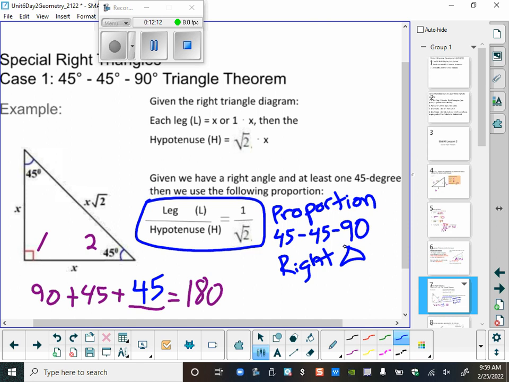Anytime you have a 45, 45, 90, use this proportion I just circled. That's the proportion I would use, so I would circle that proportion and write it. But I'm going to tell you how to use that square root of 2 in a minute. That's the proportion you need to highlight. It's going to be one of the two, and it's going to be important for the next couple of classes.